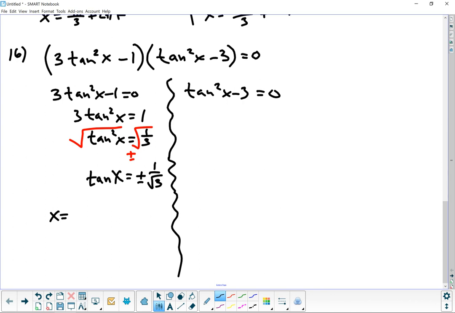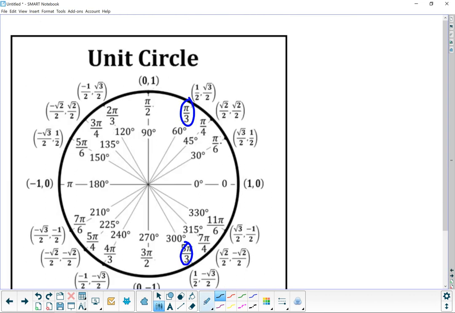Okay, it doesn't matter. So just looking at my unit circle, if I need to have radical 3 at the bottom, and I know tangent is sine divided by cosine, and sine is the y divided by the x. So I need the radical 3 at the bottom. So I will need to have, let's see, this on top and this on the bottom.